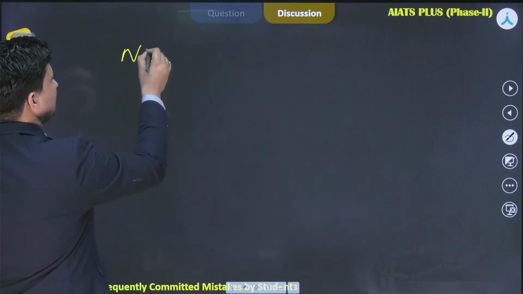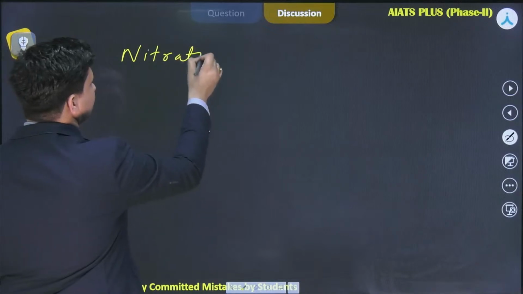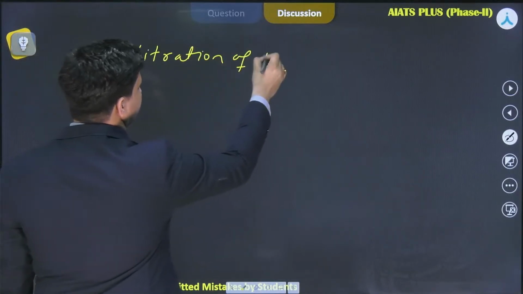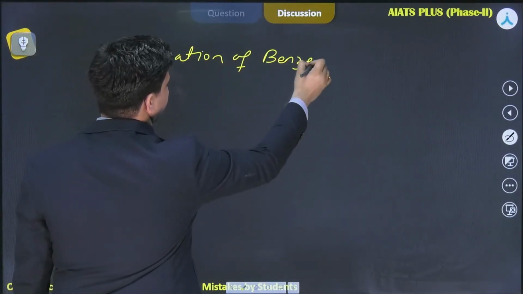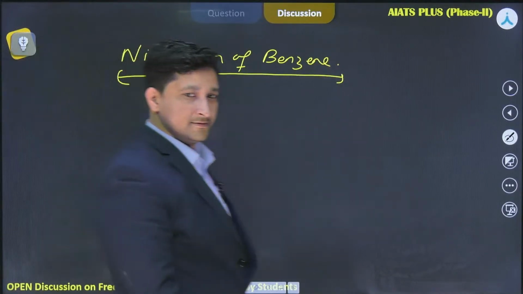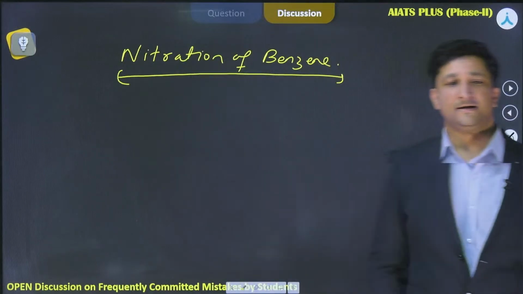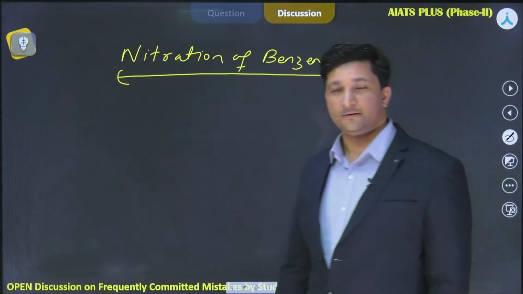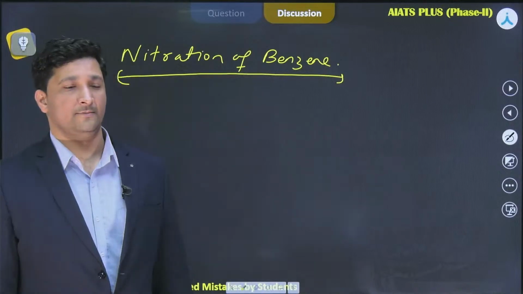Now, can any one of you tell me what is the electrophile generated during nitration of benzene? What will be the electrophile that will be formed?